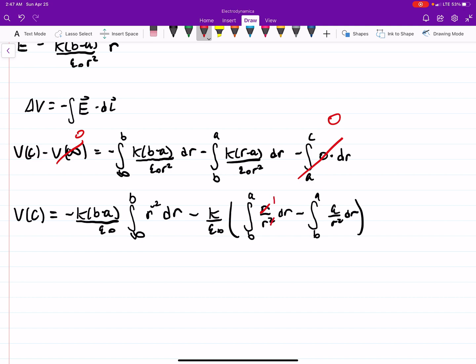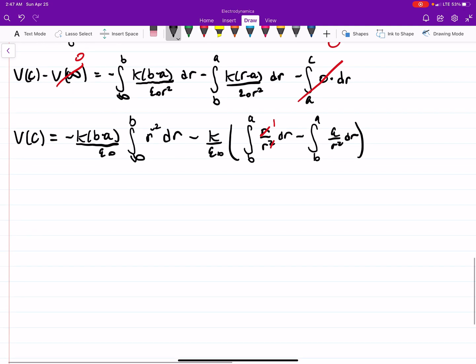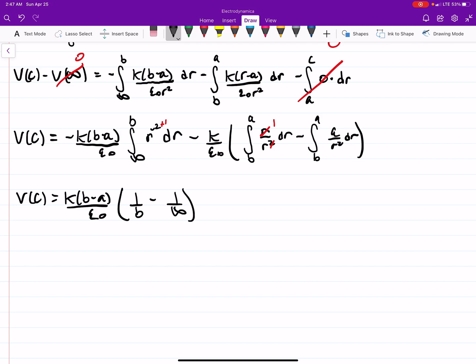So this will actually simplify. That's just a 1 now. Let's see, here we're gonna do a power rule. So we add 1. So that negative will be multiplied, so this actually turns positive. And we have 1 over b minus 1 over infinity, minus k over epsilon naught.